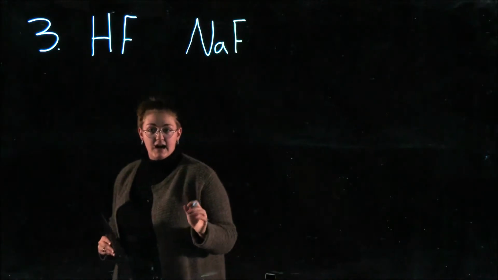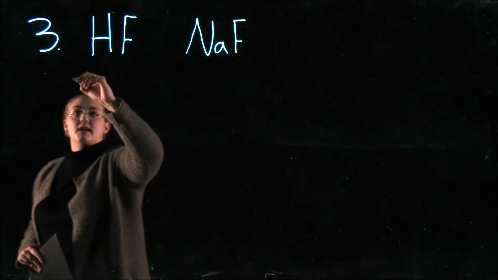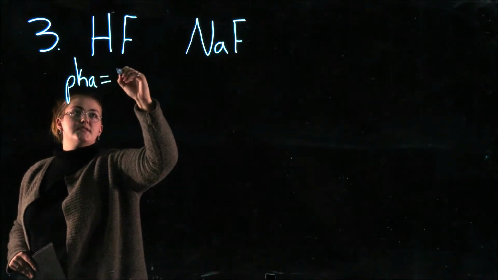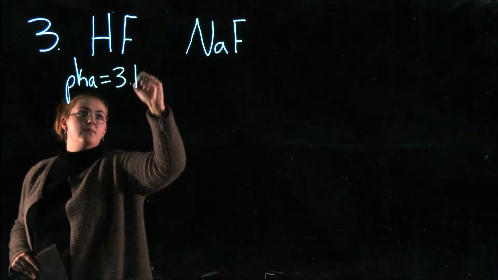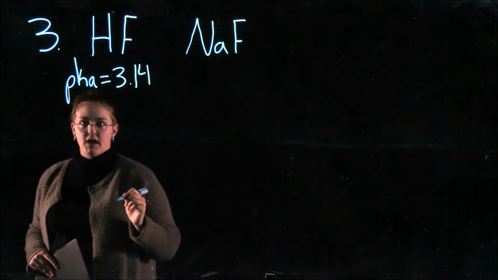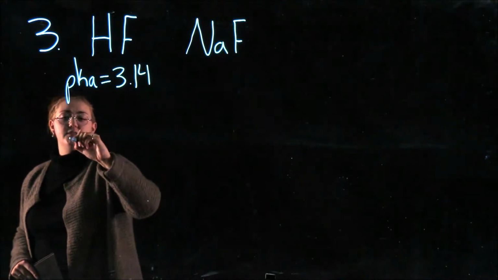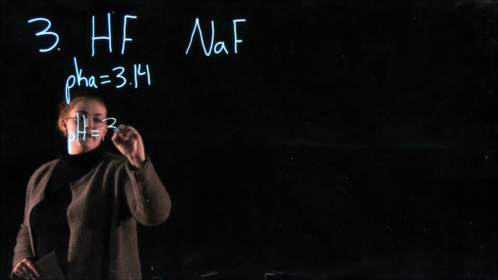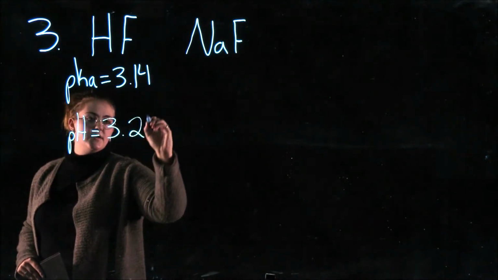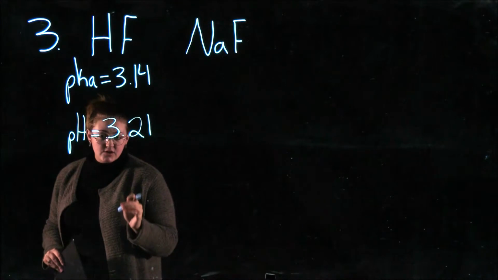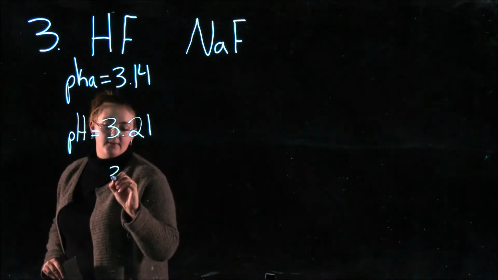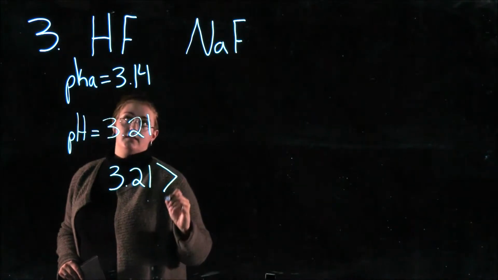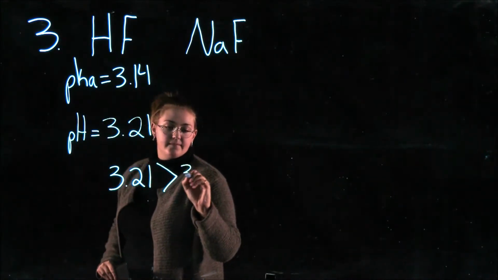The pKa of your hydrofluoric acid equals 3.14. The pH of the overall solution is 3.21. First thing you should notice is that our pH is greater than our pKa.